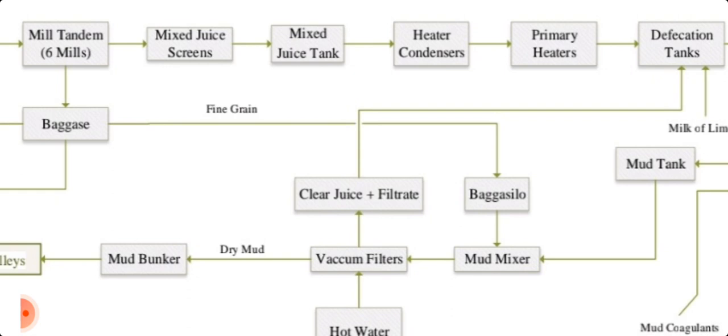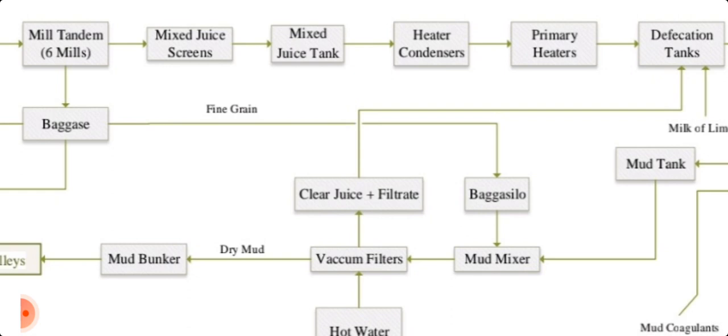It is a process of filtration. Different types of filters are used, depending mostly on the capacity of the sugar industry and how many filters are used. Filters with a filtration area of 58 to 60 square meters are used in the sugar industry. It may be 8, 10, 12, or 14 filters, depending upon the capacity of the sugar industry.